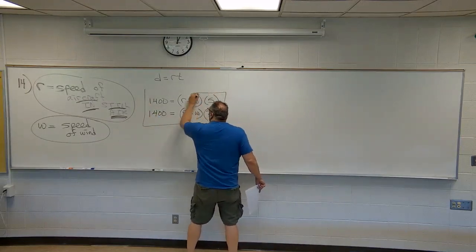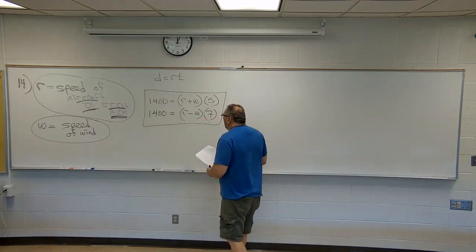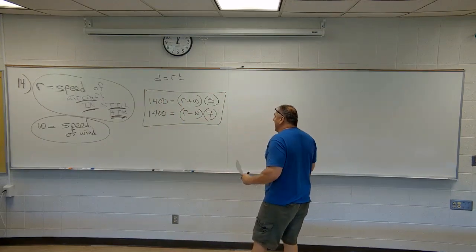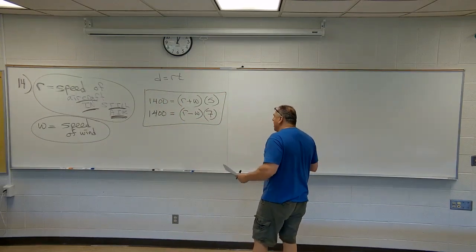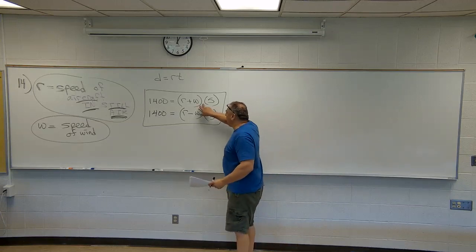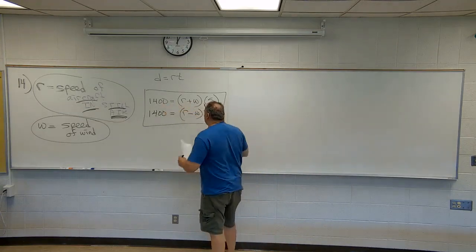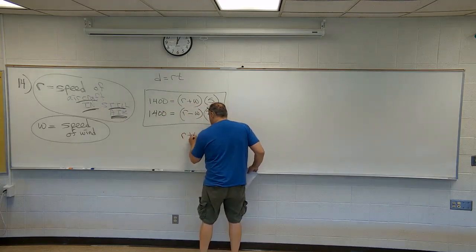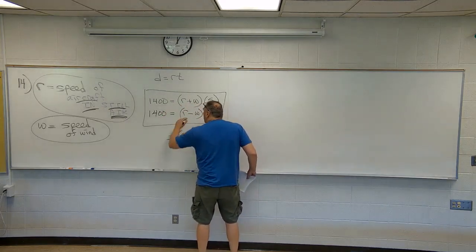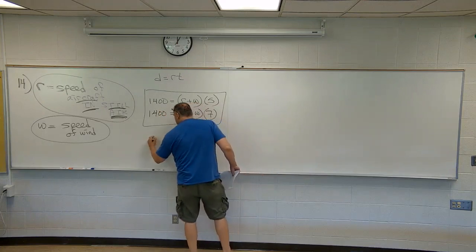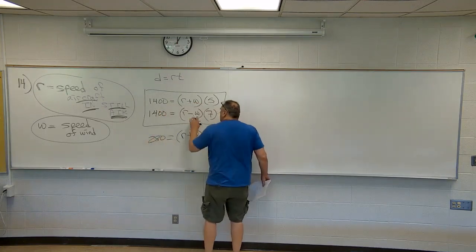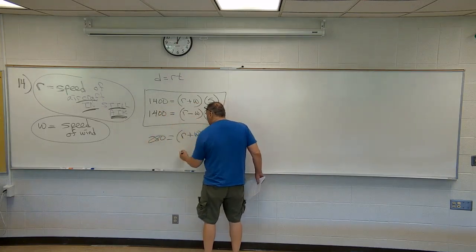A lot of ways to go right here, but I think it's pretty straightforward stuff. I think probably the easiest way to go is this. Take the top equation, divide by 5 on each side, and you get R plus W. Divide by 5, that's 280. Bottom equation, divide by 7 on each side.